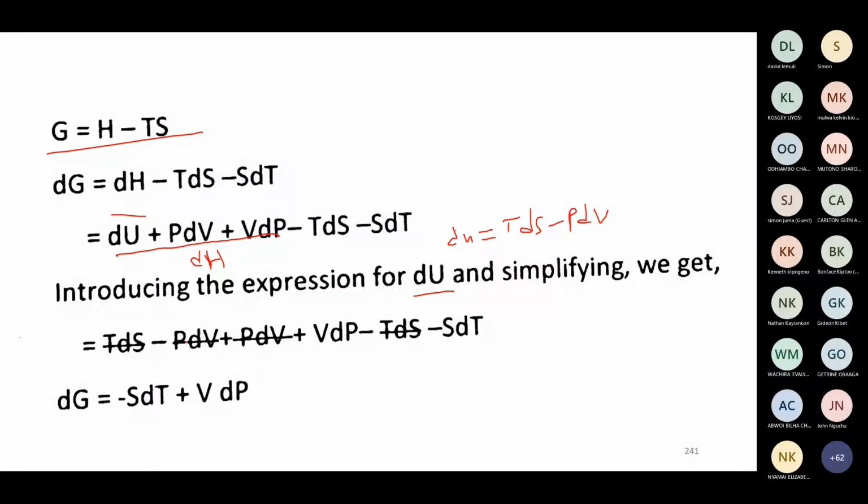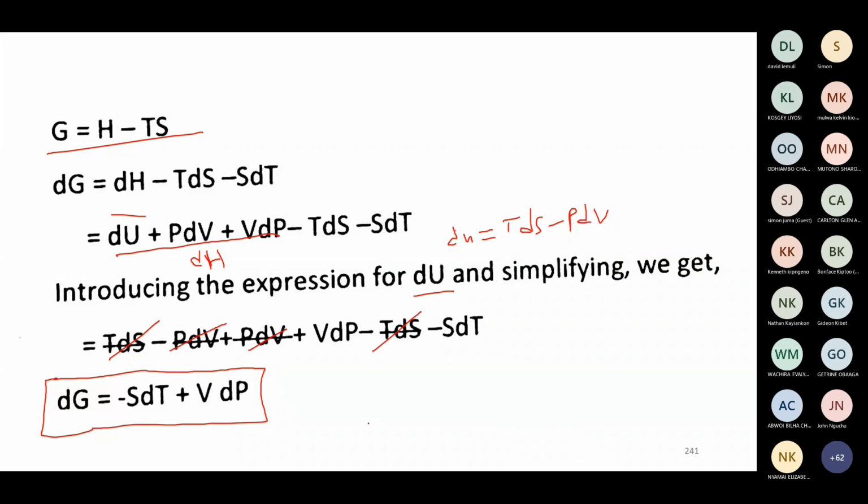Naturally, P dV cancels out and TdS also cancels out. So you remain with this expression for dG: minus SdT plus VdP.